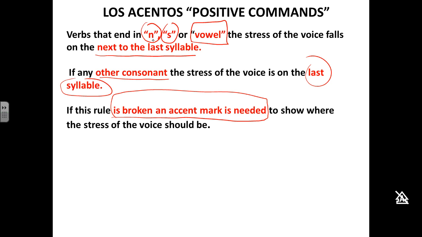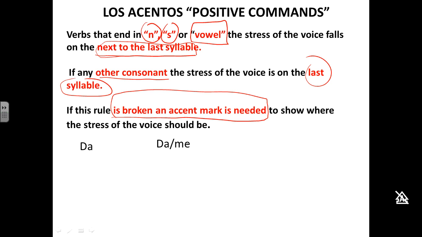So if it ends in an N, S, or a vowel, for example, and the voice does not fall on the next to the last syllable, we need to put an accent mark. Why am I saying this? I'm going to give you an example. "Da." One syllable, it means give, right? It's the tú command. No accent mark, we know where the stress of the voice is. Let's say you add a pronoun, "dame."